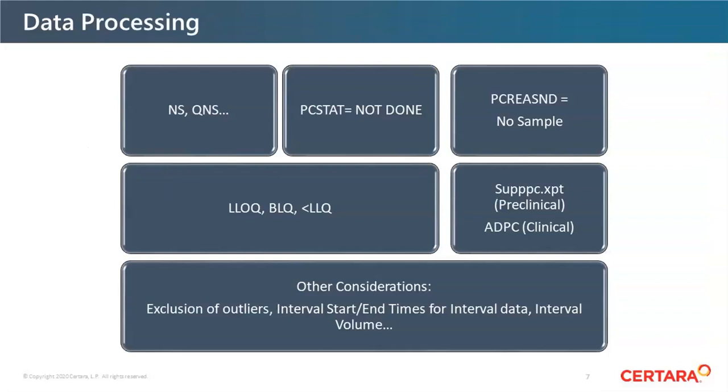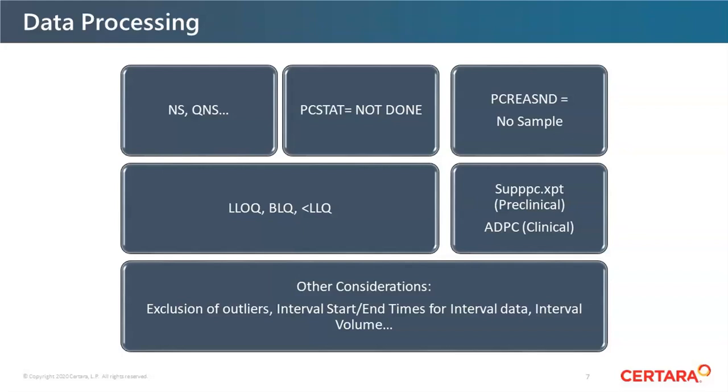Of course, we can have other abbreviations. They need to be addressed in the PCSTAT, which is the completion status, and PCREASND, which is the reason why the test is not done. For the LLQ or BLQ, we know that they come in as character values in the concentration columns. However, for some analysis, depending on each company's rules, they need to be substituted with some numeric values for analysis purposes.